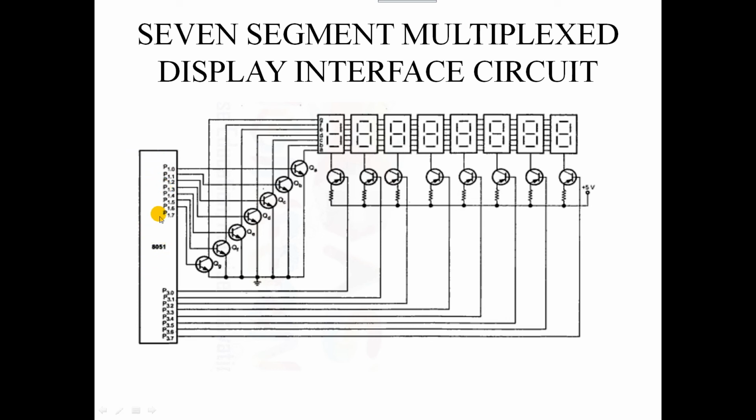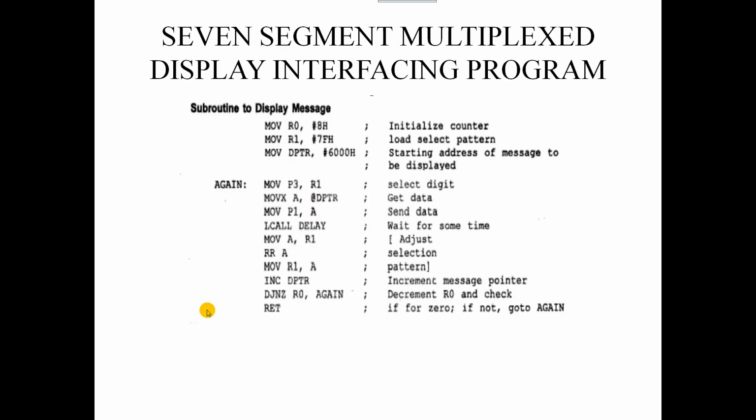Port 1 is going to be connected with the A to G pins of the 7-segment displays, and the scanning parts of these 7-segment LEDs are going to be connected with the same transistors with the 5 volt supply for the base of these transistors, and that is going to be supplied by port 3 of the interface circuit.